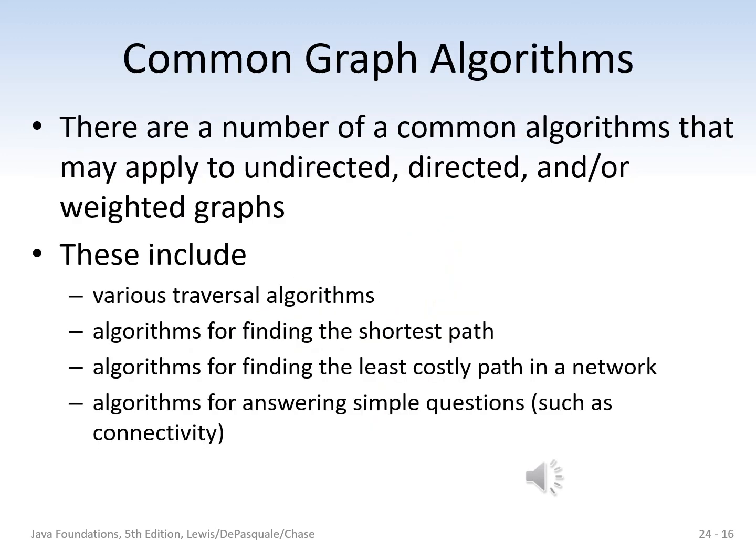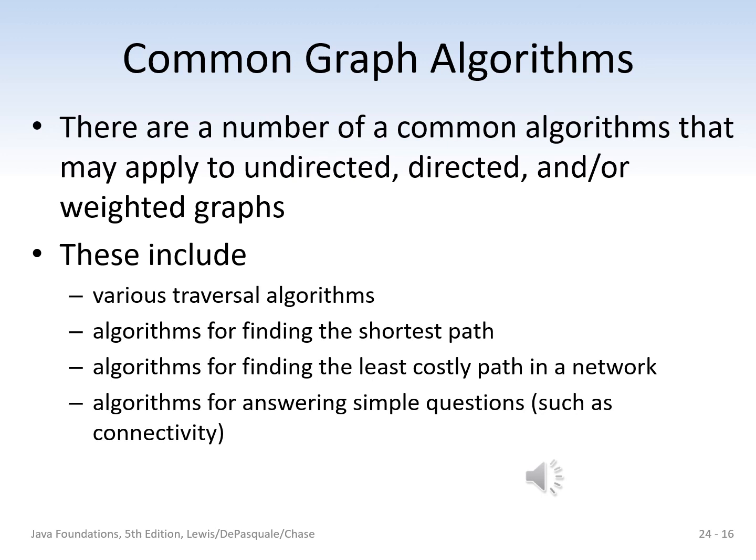Now that we've explored the structure of directed and undirected graphs and the terminology associated with those, let's take a look at, or begin discussing, common graph algorithms. There are several algorithms that apply to undirected, directed, and/or weighted graphs.